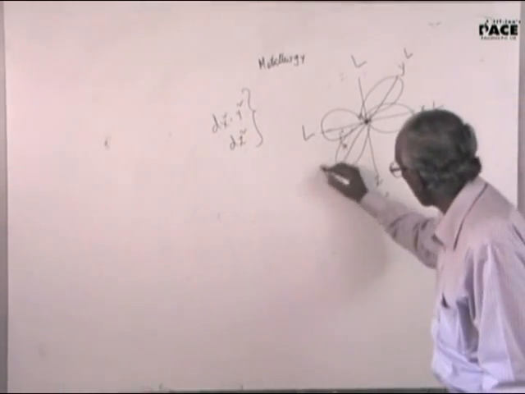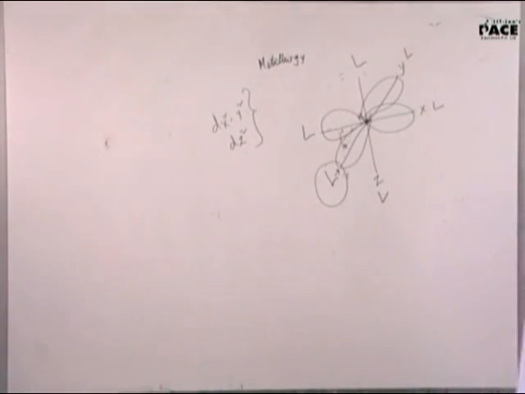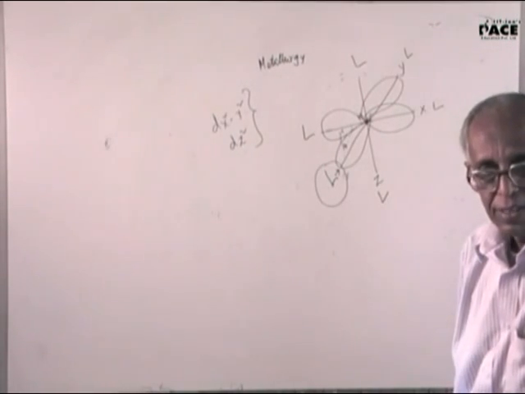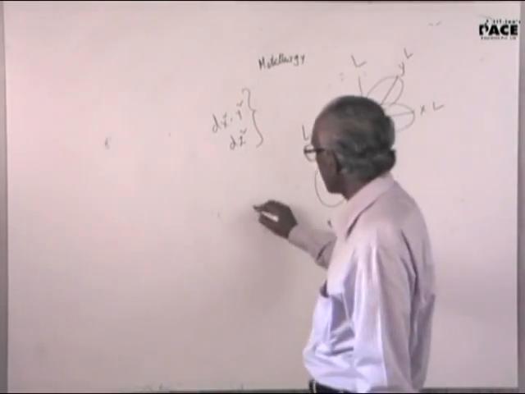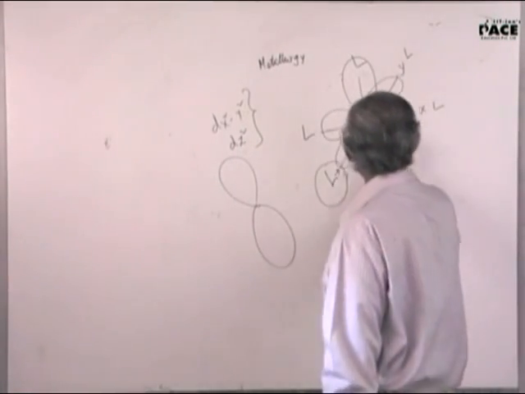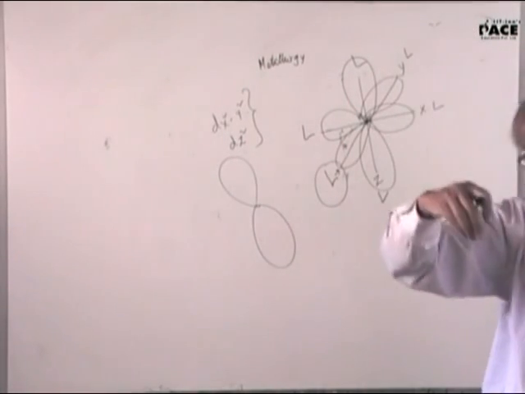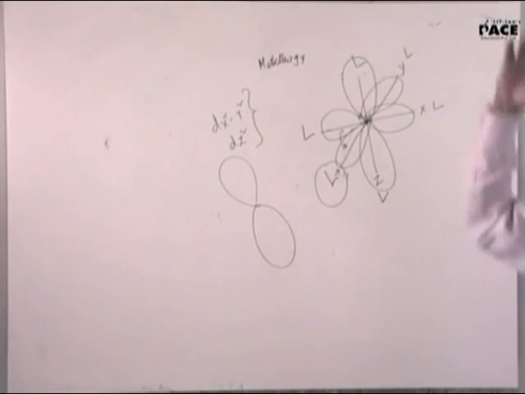And the ligands are also coming along the z, x and y axes. So which orbital will face the most repulsion from the ligand electrons? Dx square minus y square. Similarly, dz square is pointing along the z axis and the ligands are approaching along the z axis. So which orbital will face the most repulsion? Dz square. That is why when they repel each other, they raise their energy.